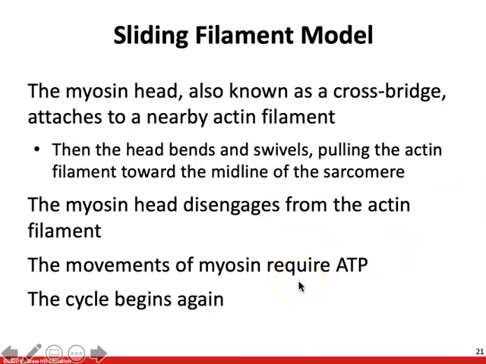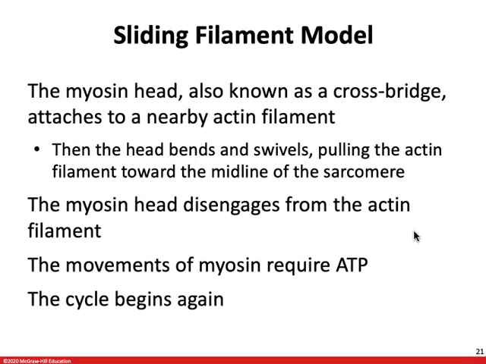The sarcomere is just the functional subunit of a muscle fiber, and we'll look at that in a moment. The myosin head is going to disengage from the actin filament and release: grab on, pull, release, grab on, pull. Very much like when you're pulling a rope. You grab the rope, you pull it, and then you release with one hand and grab higher up and pull again, and then release, grab, pull.